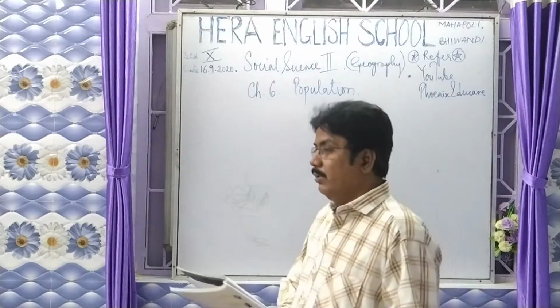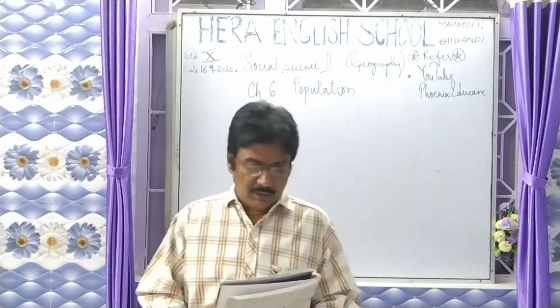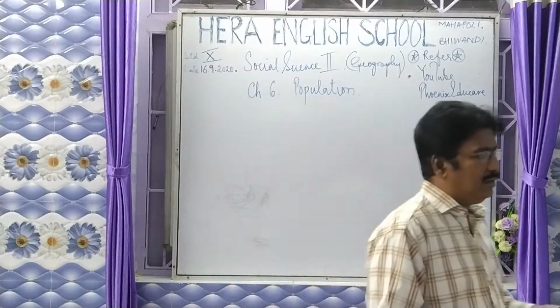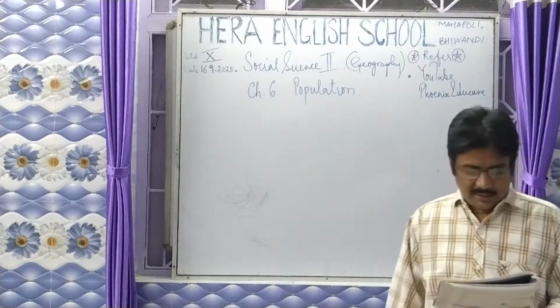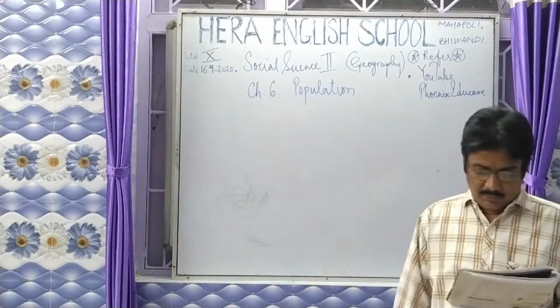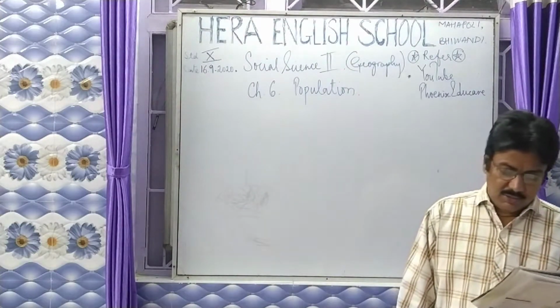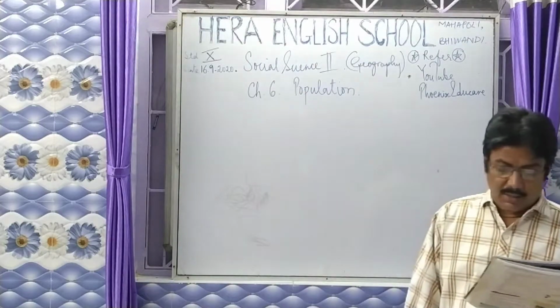Obviously, you can know both the male and female population age-wise, and you can calculate how many males and how many females are there in that particular country. Yes, of course, this helps us to know the proportion of children, youth and the old people in our country.